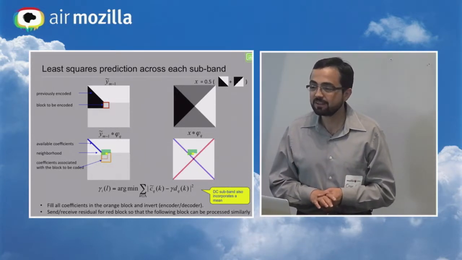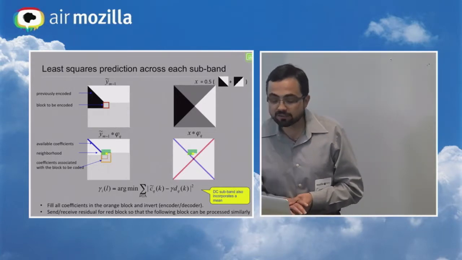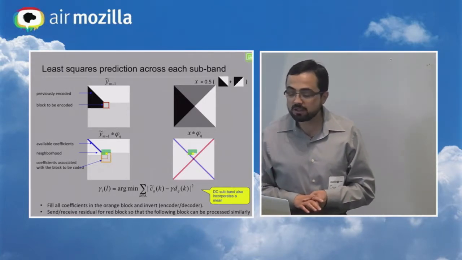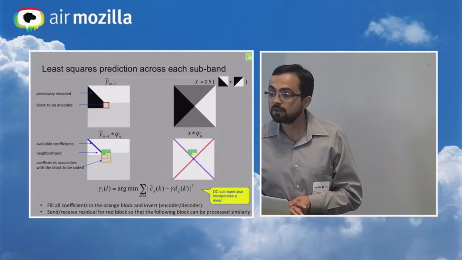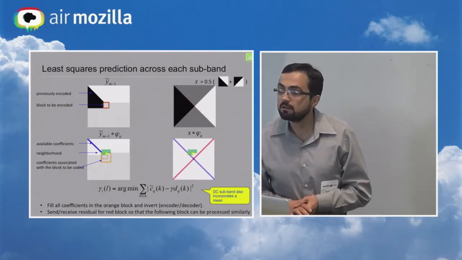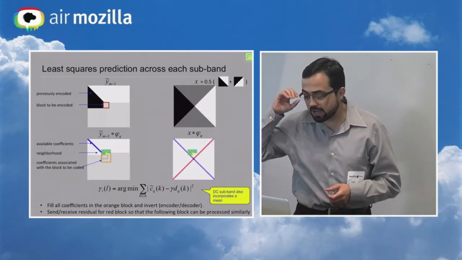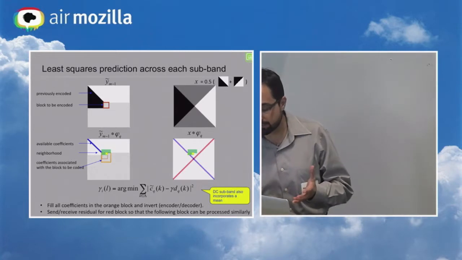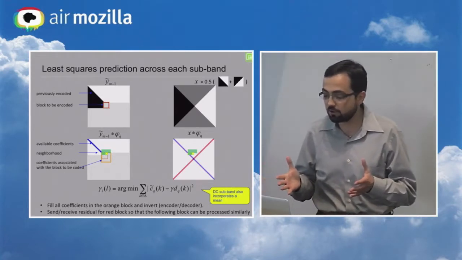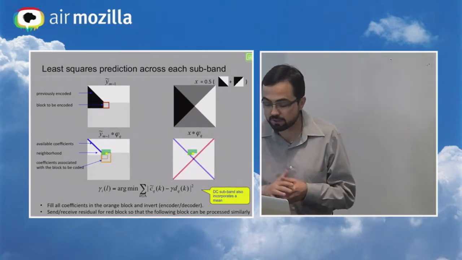Did you try anything other than the least squares? Did we try anything other than fully, P-squared overcomplete?